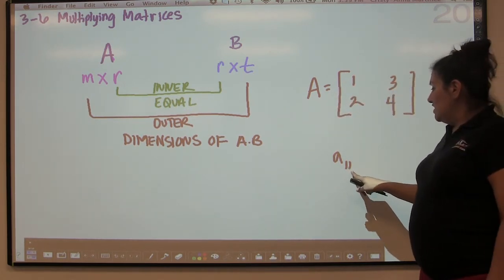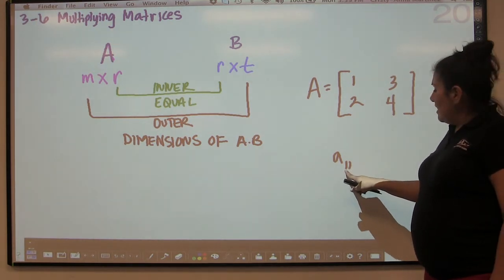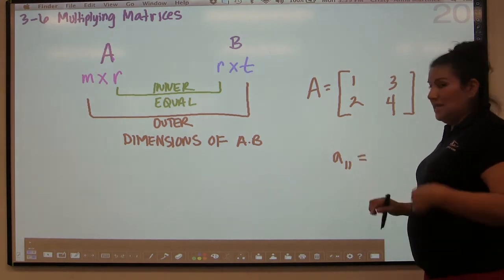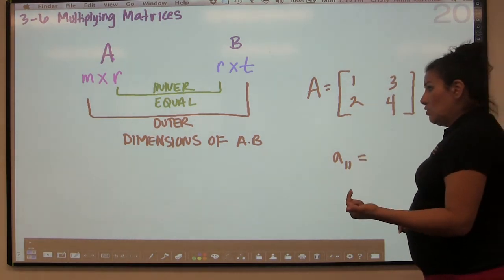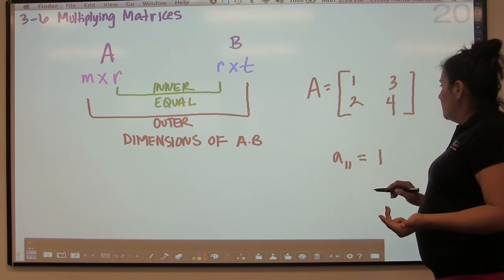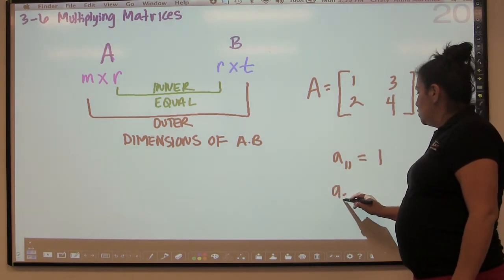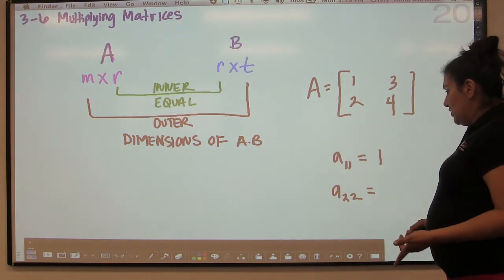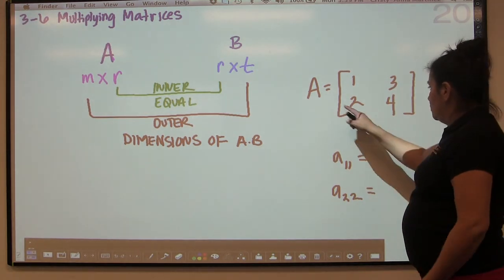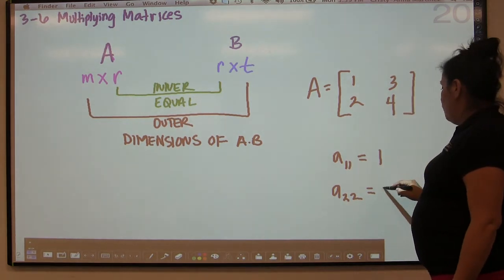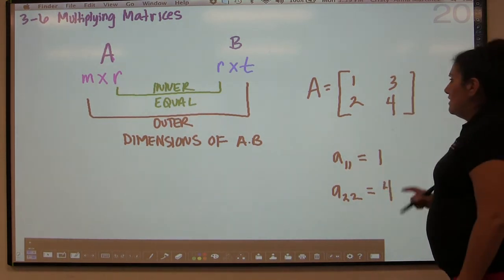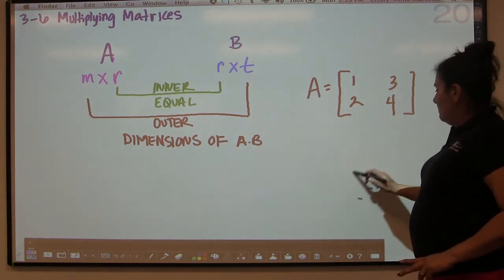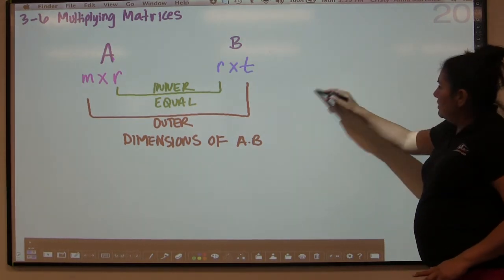So A1,1 is basically row and column: row 1, column 1. What element is in the A matrix in the first row and the first column? It is 1. Therefore A2,2 would be asking what element in the A matrix is in row 2, column 2, and it would be 4, and so on. That's just how you deal with the elements inside of the matrix. Just want to make sure you were aware of that.